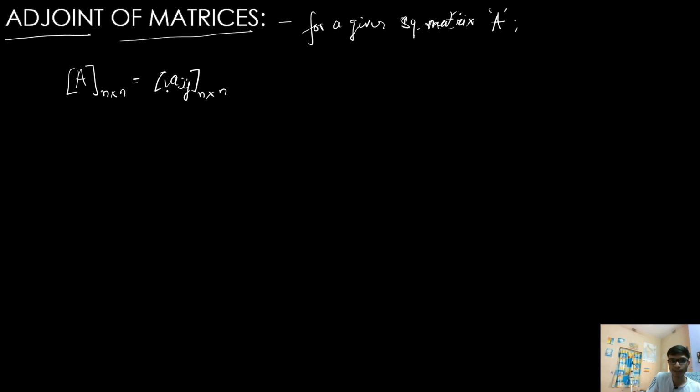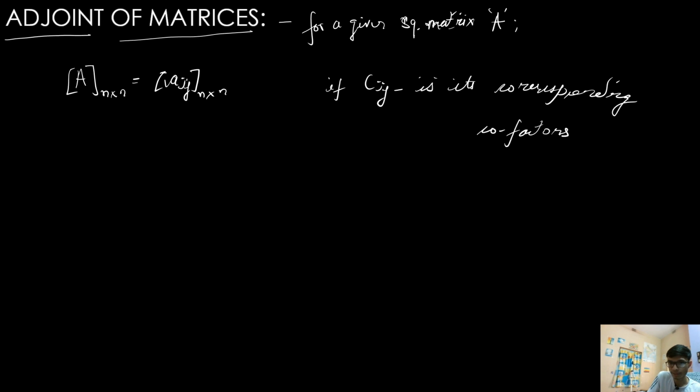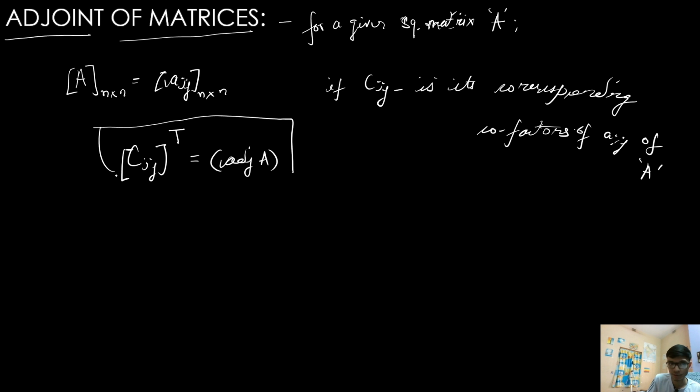Now what we do, instead of taking these elements a_ij, we replace all the elements of this matrix with the corresponding cofactors. If C_ij is the corresponding cofactor of a_ij of this square matrix A, then after forming that matrix, if we take its transpose, we end up getting the adjoint of matrix A. So adjoint is defined in this fashion, where C_ij denotes the cofactor.